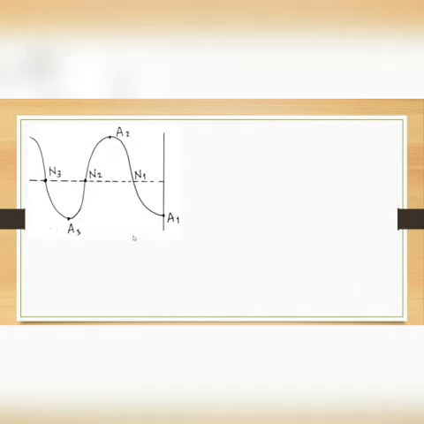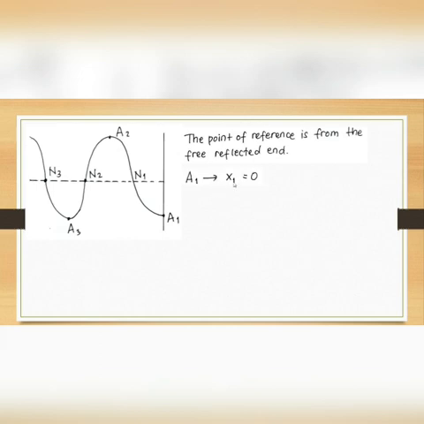About the distance of the nodes and the antinodes from the reflected end, we have to see that the point of reference is always the free reflected end. Here we can see that at the reflected end, there will always be an antinode. So the first antinode is when x equals 0. The second one will be formed when x equals a half lambda and so on.